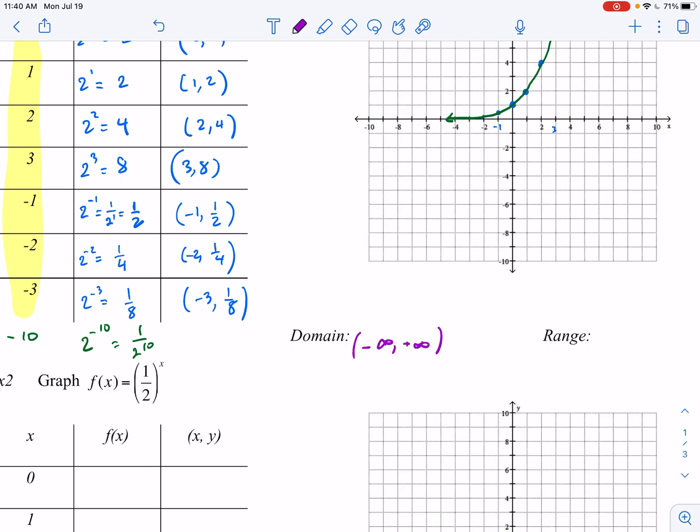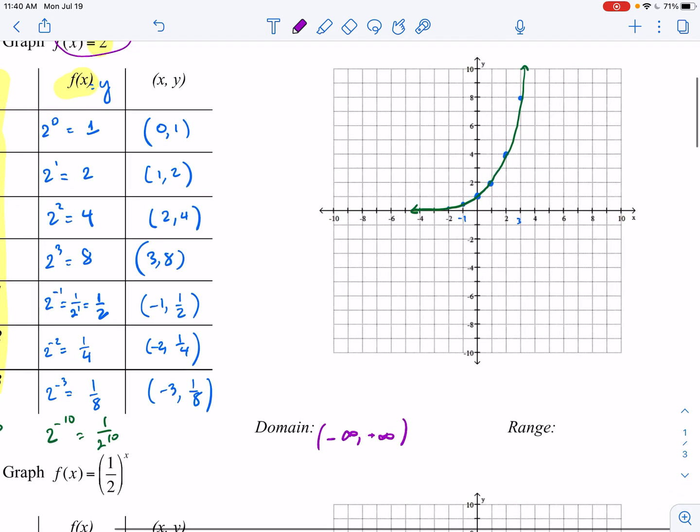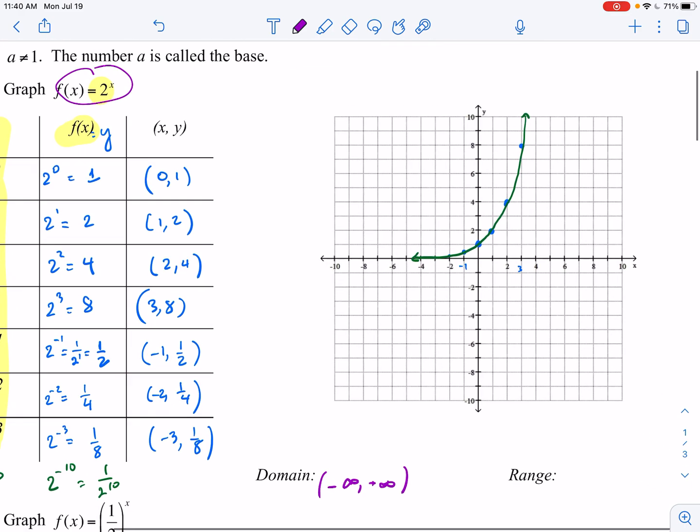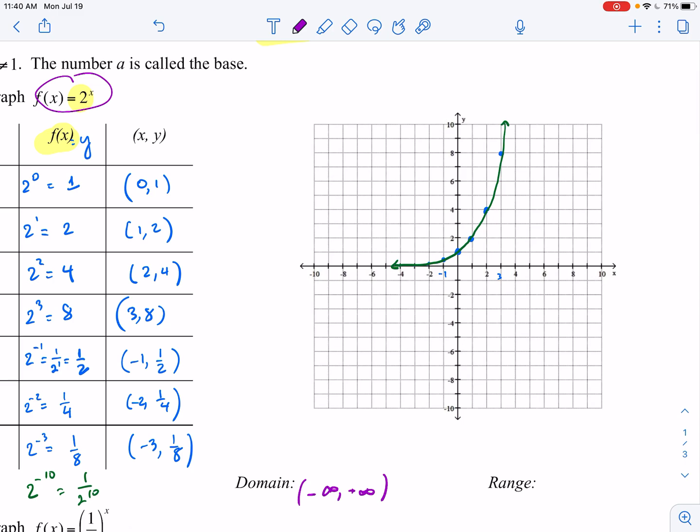Okay, x can be any value, because whatever we pick for x, we are guaranteed to get a y out of that. And then the range is the y values, which is the graph itself. That graph there is always above the x-axis. So if you look at the y-axis, this is 0, and the range is going to go from here to positive infinity.